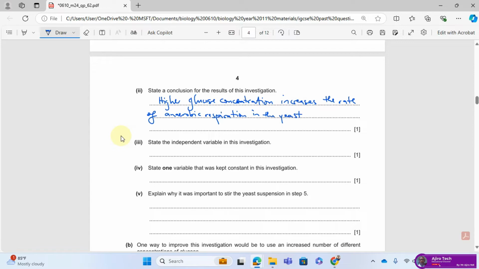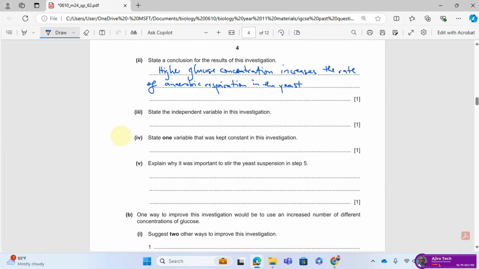Increasing glucose concentration increases rate of respiration, just to make sure that you don't lose the meaning of the conclusion.